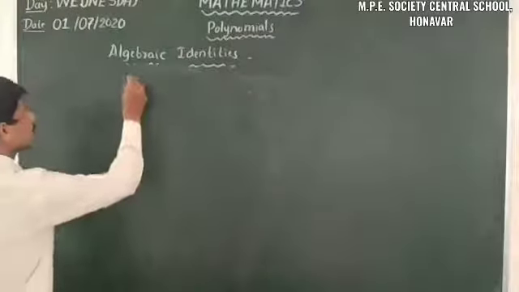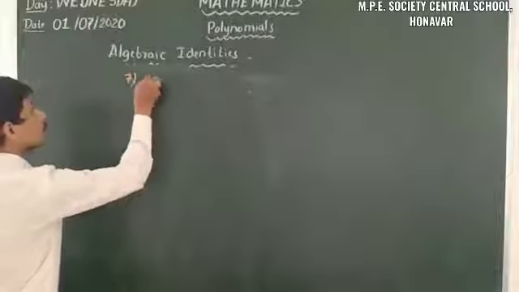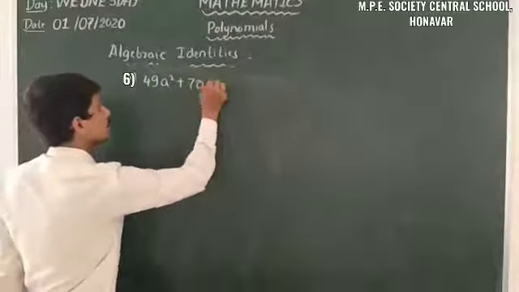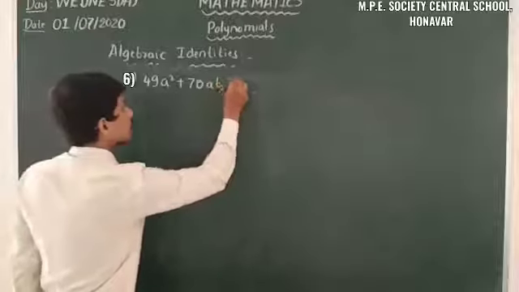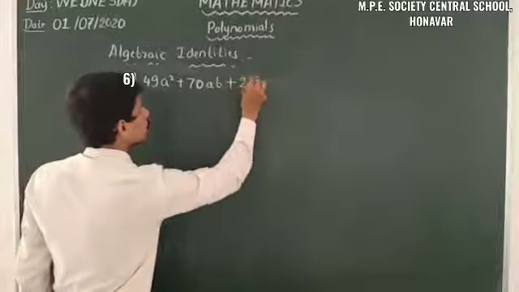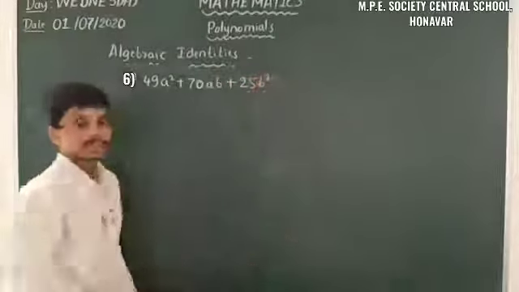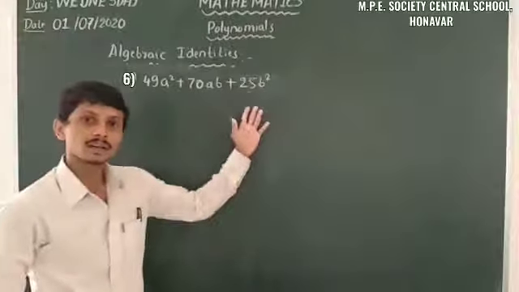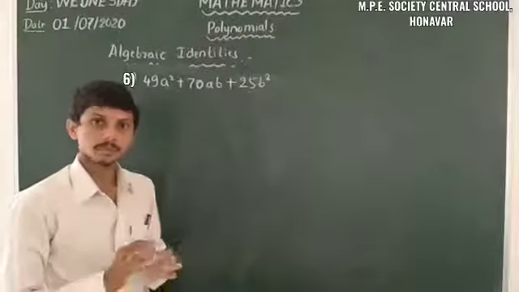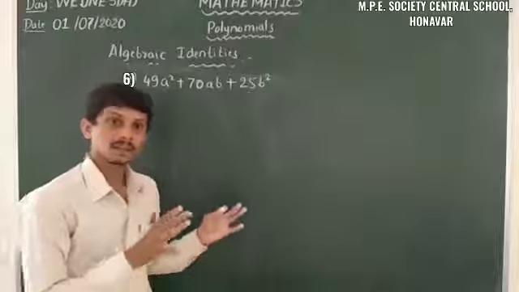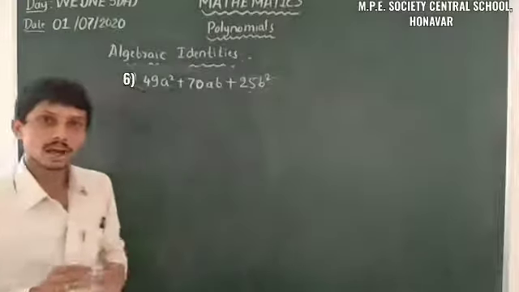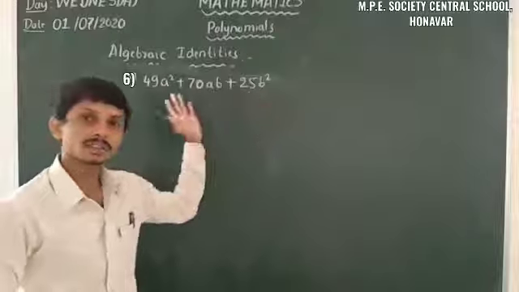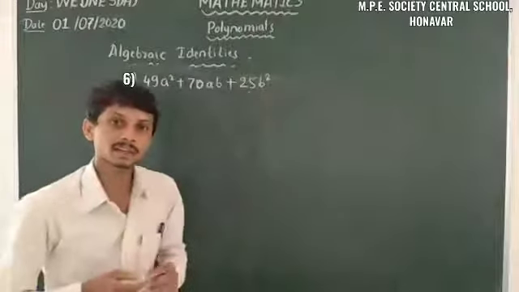Here I will take 49a square plus 70ab plus 25b square. It's a solved one. We have to simplify it in algebraic identity form. So we can convert this into the algebraic identity form.